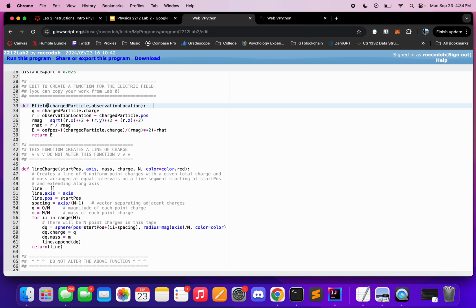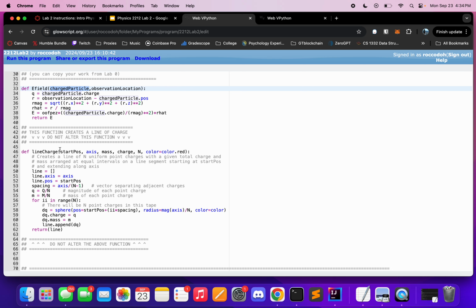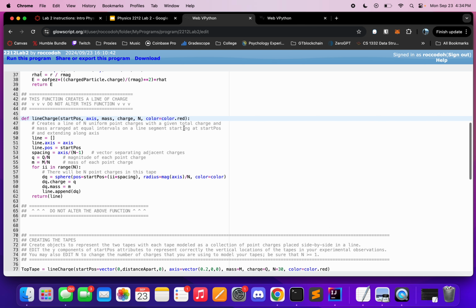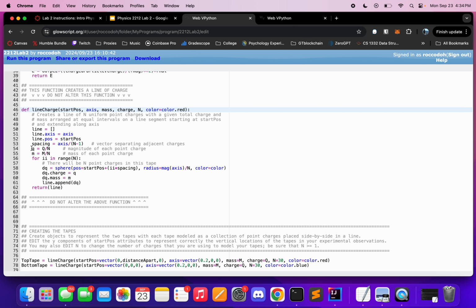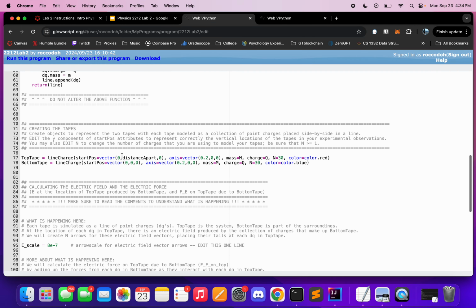We're going to be plugging in each charged particle, or dq, from here to calculate the electric field. And for the entire line charge, we're calculating the magnitude of each point charge, the mass of each point charge, and each dq along the line.